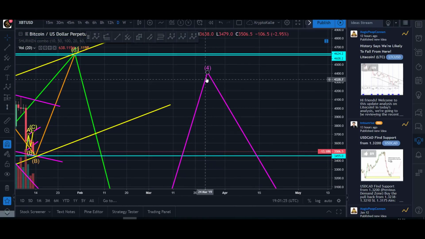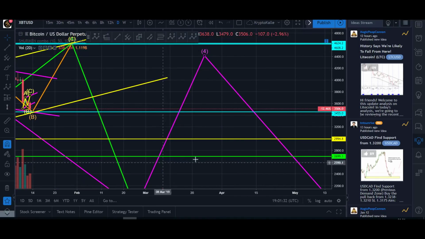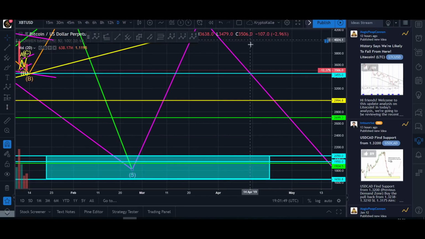I don't expect this retracement being this fast, because it's relative to the size of this whole purple structure, which I have described in my earlier video. So I think it might even last until summer, and then the final leg down should start.